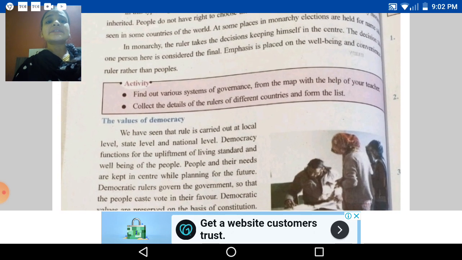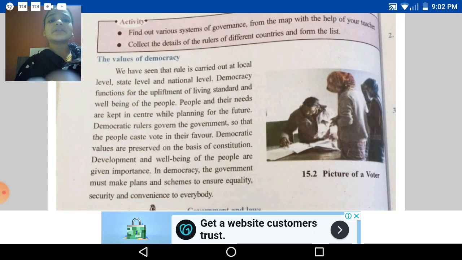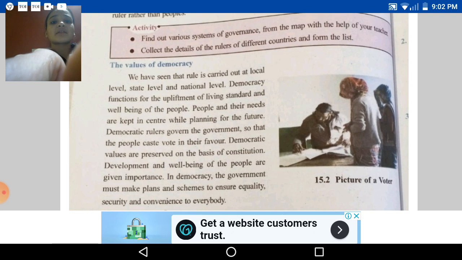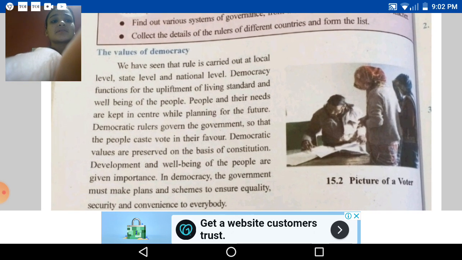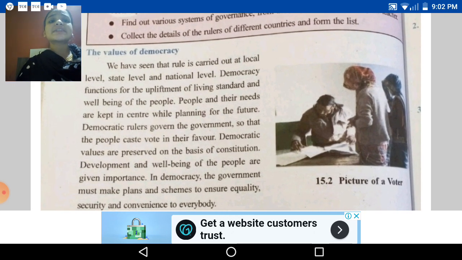Now the value of democracy. We have seen that rule is carried out at local level, state level, and national level. Democracy functions for the upliftment of the living standard and well-being of people.